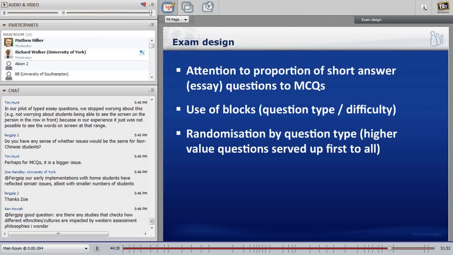So what we now do is explicitly tell them that we've blocked questions by the number of marks available. They see the longer answer questions randomized among each other, then the next sort of long answer ones, and then finally the shortest answer questions blocked together. What that means is that there's greater equity, but because they are more aware of the navigation pane, they're able to adapt that to their exam strategies.